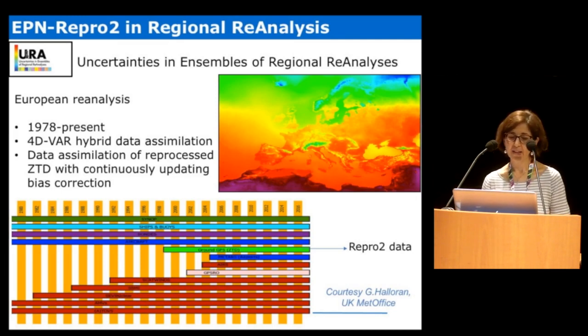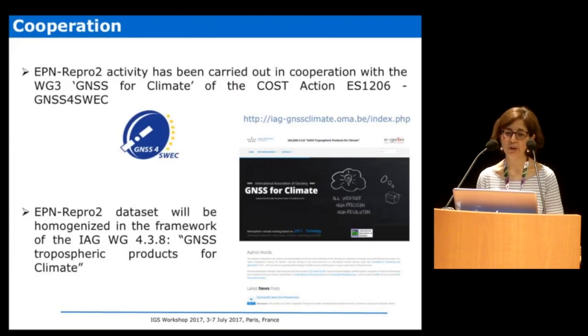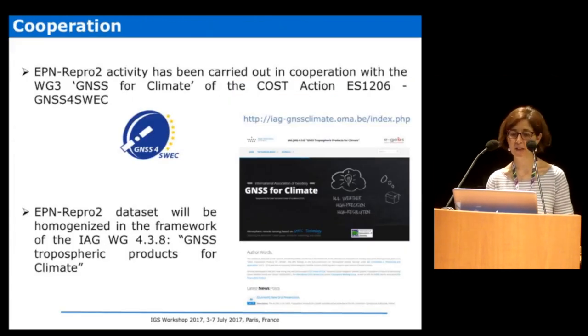Now, the EPN-Repro2 activity has been carried out in close cooperation with Working Group 3 of the GNSS for Climate, of the COST Action GNSS4SWEC, and together we have delivered an EPN-Repro2 dataset which is homogeneously reprocessed, checked, combined, and evaluated.